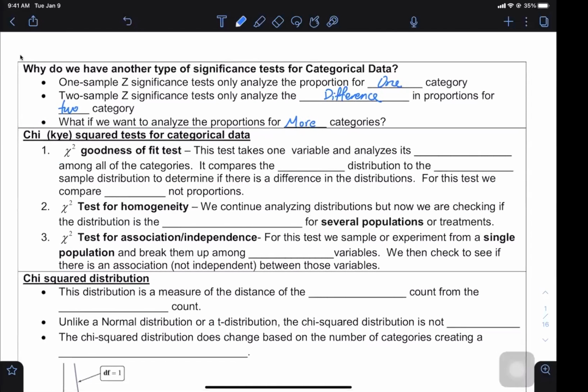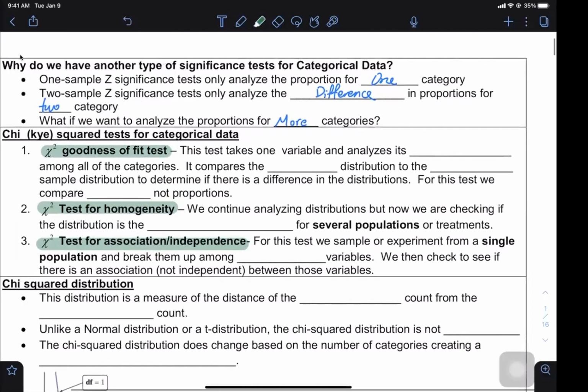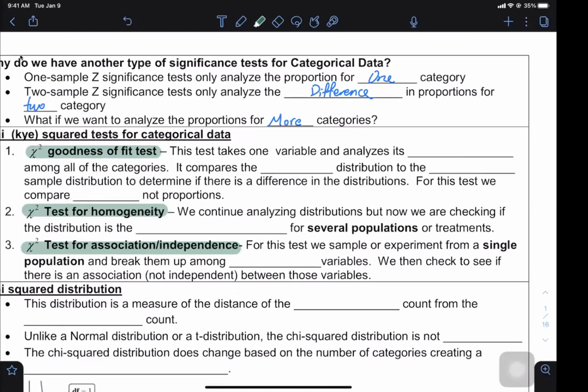For the chi-square test, we have three kinds. The first kind is the goodness of fit. The second kind is the test for homogeneity. And the third type is the test for association, or independence. For the chi-square goodness of fit test, we test one variable and analyze its distribution among all of the categories.